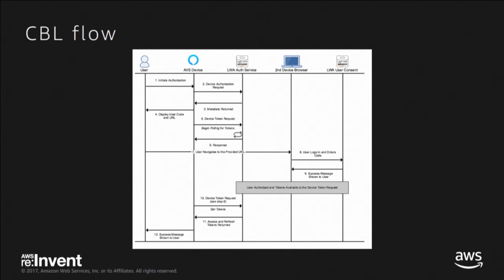And then after you display those things to the user, your device is going to go into a loop, checking with the service to see whether or not they have been granted the access. Once that step is done, you're going to grab the tokens from AVS, and you're going to get two tokens. You're going to get the actual token to access and a refresh token, because every hour AVS expires the token, and you'll need to grab a refresh token.